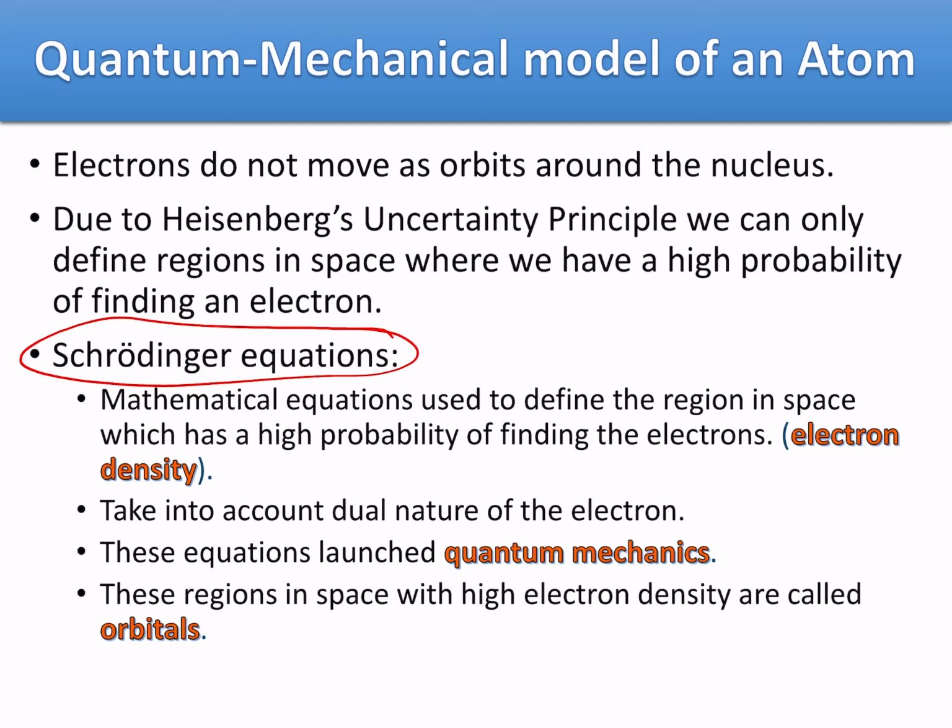And those quantum numbers will define these regions in space that now we are going to call orbitals. So those orbitals are these regions, and in these regions you will have a high probability of finding significant electron density there. So it's areas in space in which you can find an electron or have a high probability of finding the electron.